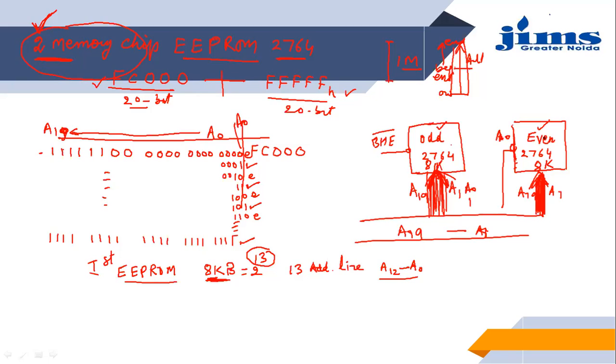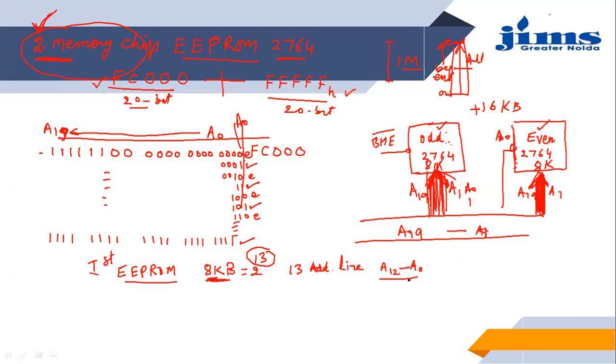But put together, if we add the two, the total size will become 16 kilobytes. So you require exclusively 8 kilo for this memory chip and exclusively 8 kilo for the second memory chip.